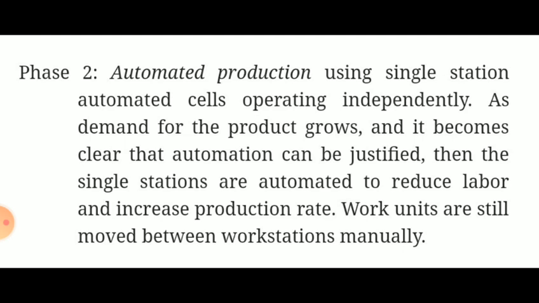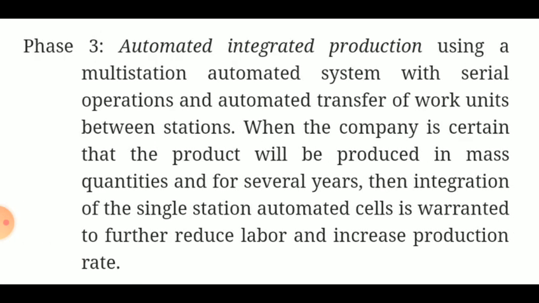Automated production using single station automated cells operating independently as demand grows. So work units are still moved between workstations manually. And phase 3, that is automated integrated production, using a multi-station automated system with serial operations and automated transfer of work units between stations.